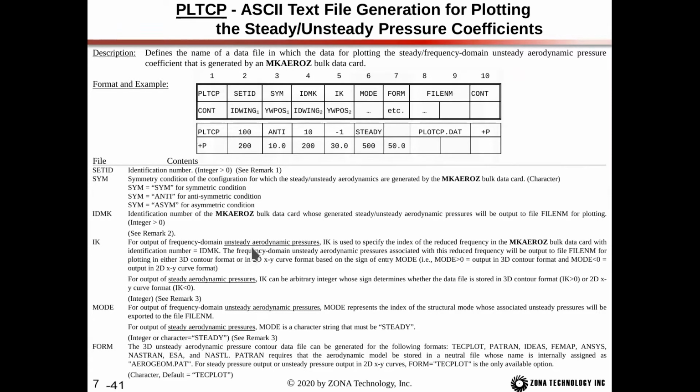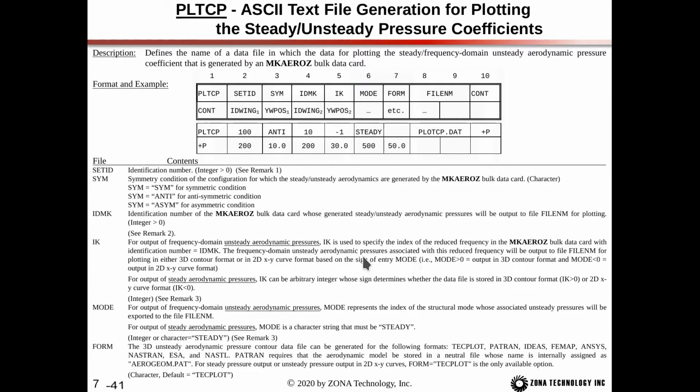So for unsteady aerodynamic pressures, IK is used to specify the index of the reduced frequency in the MK AEROZ card. The frequency domain unsteady aerodynamic pressure associated with this reduced frequency will be output in the file for either the 3D contour or the 2D XY curves, depending on the mode.